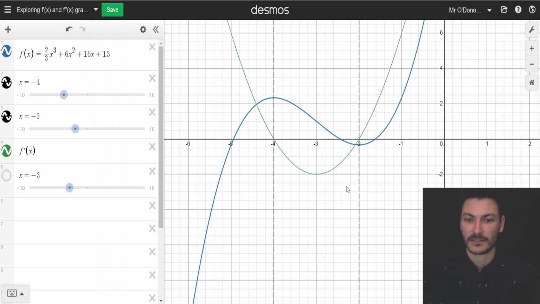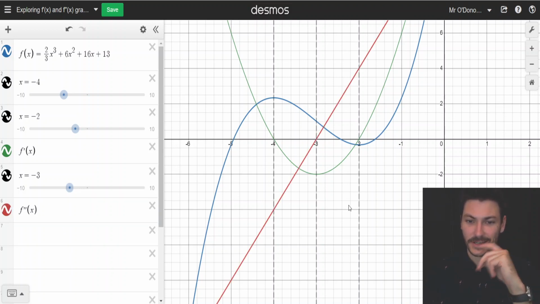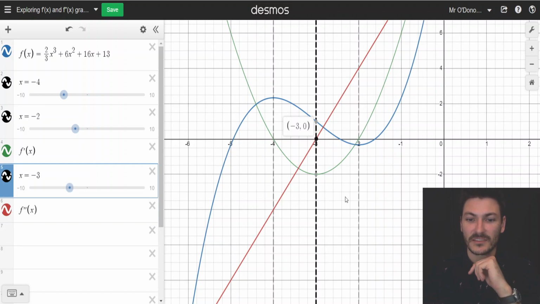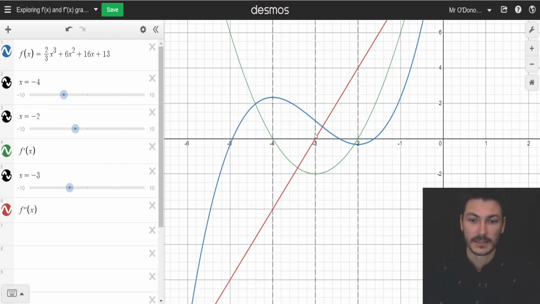So if we found x-intercepts of the first derivative, we found turning points of the primitive. If we can find an x-intercept of this thing's derivative, I'm going to actually go ahead and show that, f double dash x is a straight line, and you'll notice that its x-intercept is here at -3, then we find its primitive, which is the second derivative's turning point, and hence we find the point of inflection of the very original function.